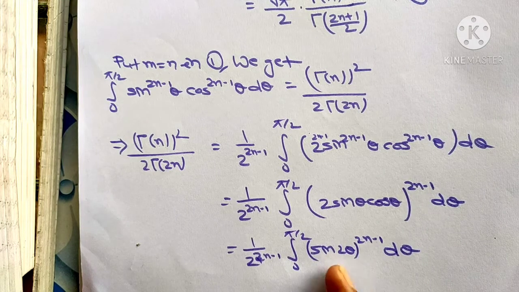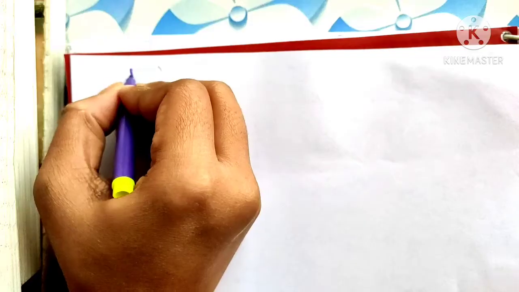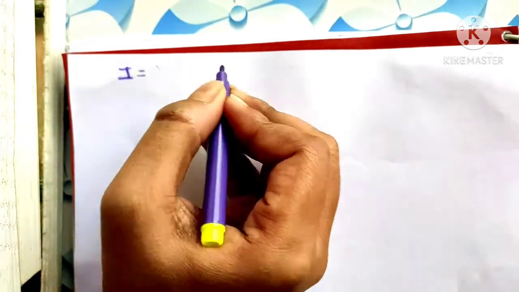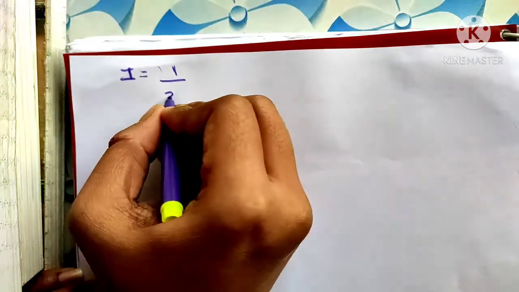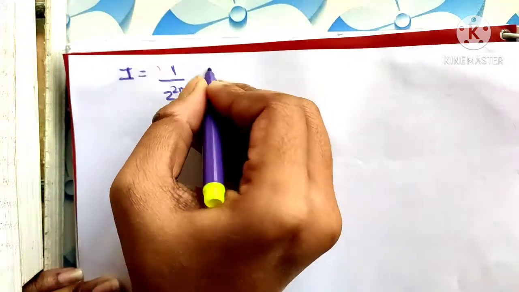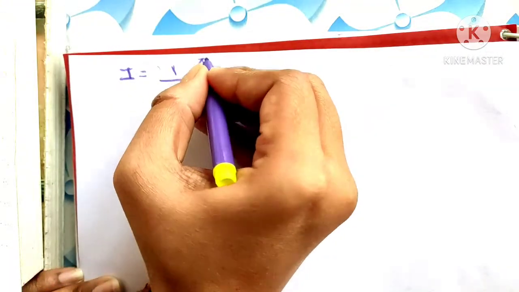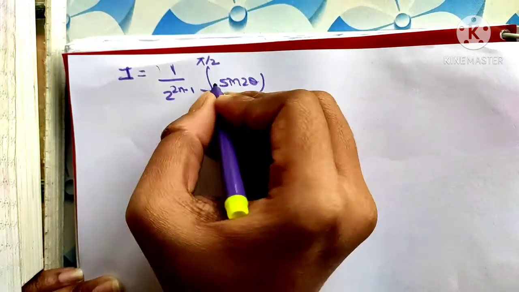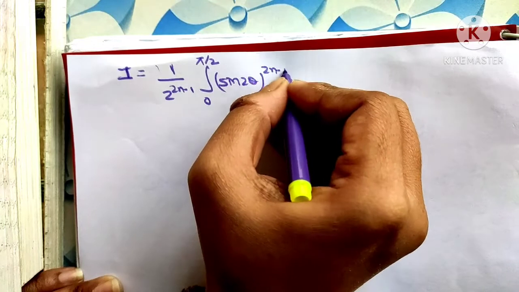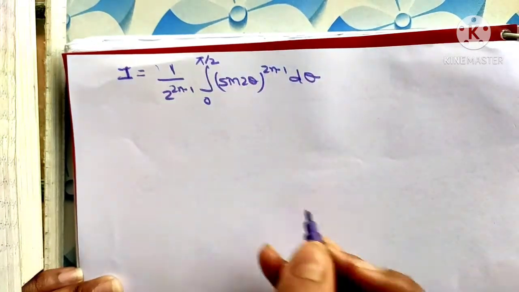Now we are going to solve this integral. Let I equal 1 upon 2^(2n-1) times the integral from 0 to pi by 2 of sin^(2n-1) (2 theta) d theta.